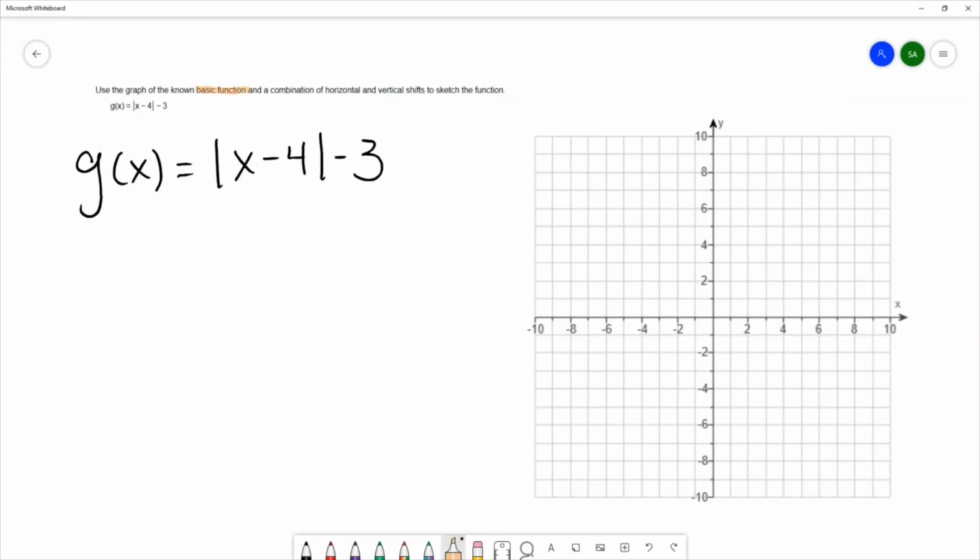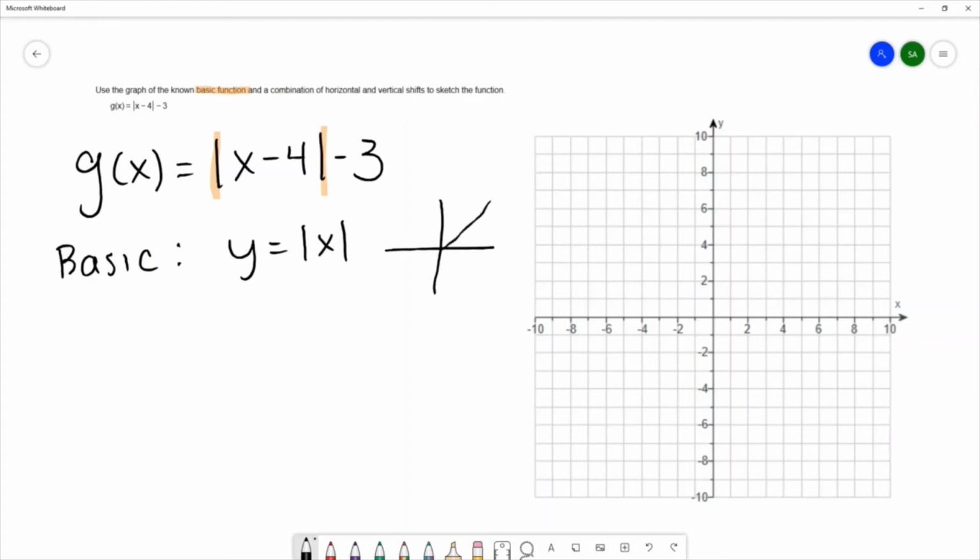And these absolute value symbols give me a clue as to what the base function is. So our basic function is y equals absolute value of x, and the absolute value graph is the graph that looks like a V, and that V is at the origin 0, 0.